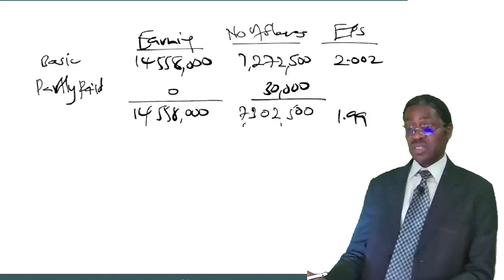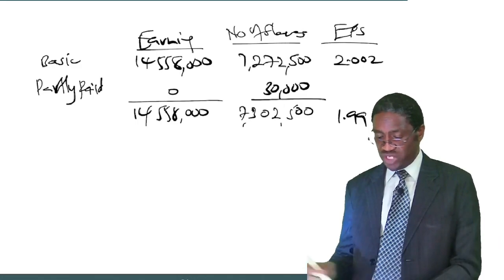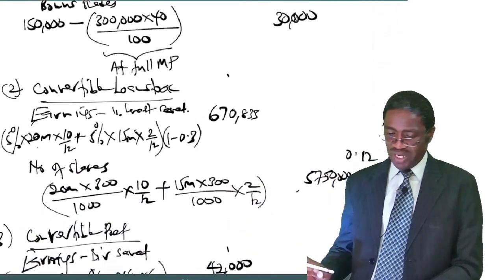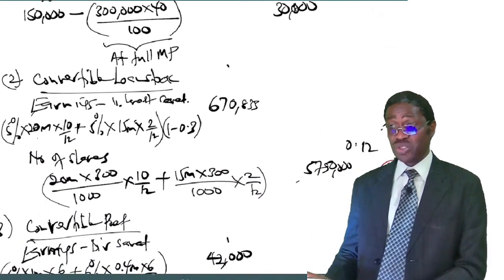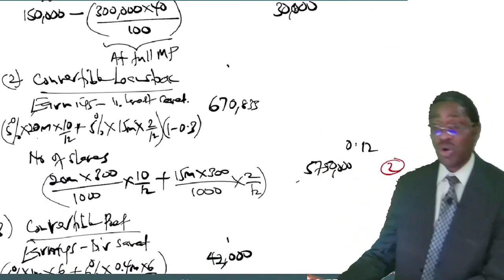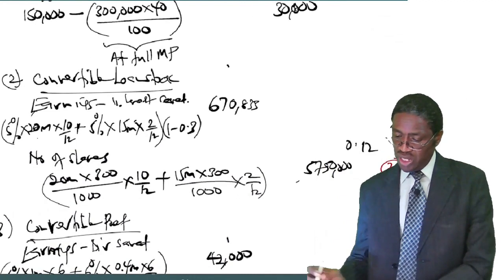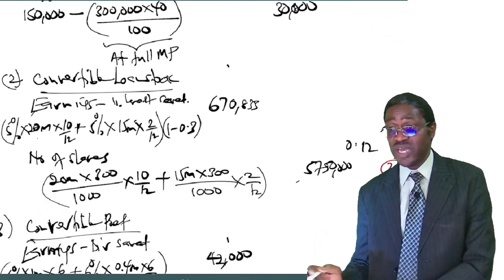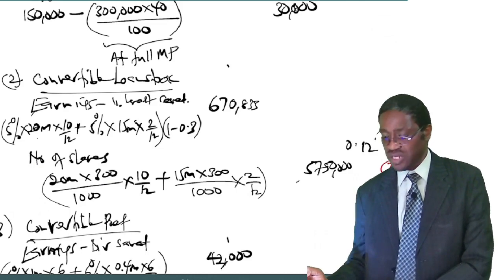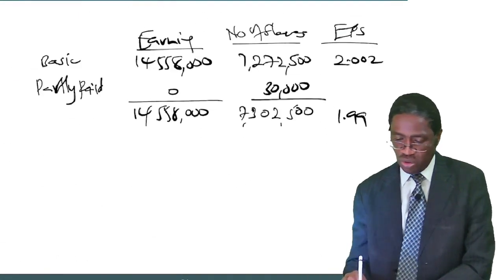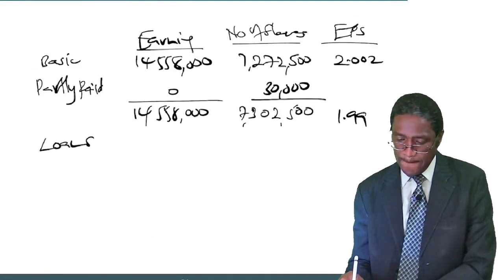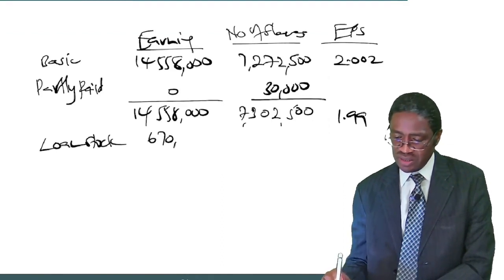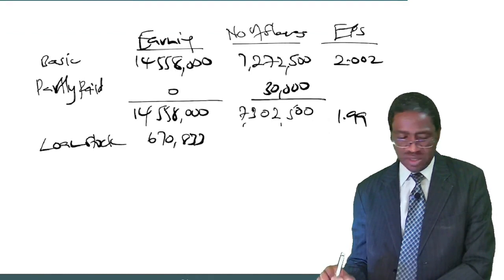From there, we go to the next most dilutive, and according to our ranking, it was convertible loan stock. That was number 2. We are seeing that it will give us an incremental earning of 670,833.